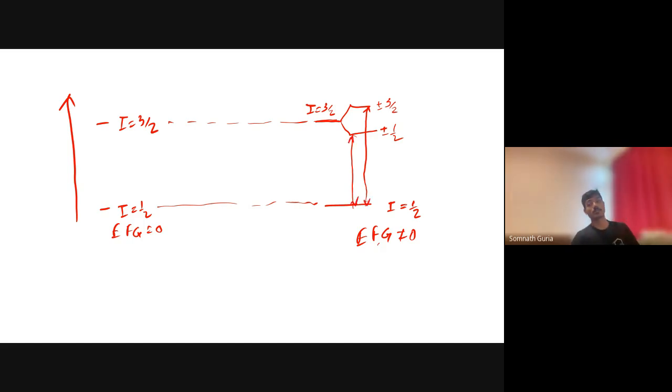So if we have some quadrupole moment in the nucleus, we will get two lines, because the 3 by 2 excited state splits into two different states: plus minus 3 by 2 and plus minus half.